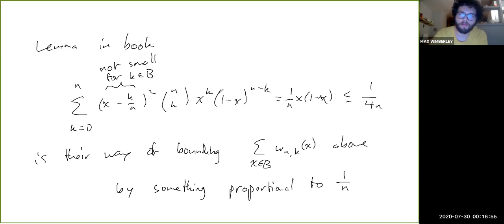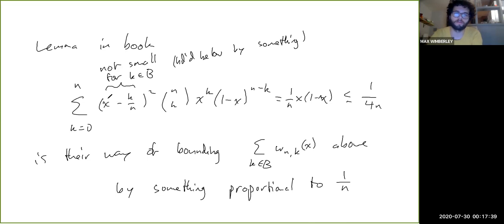And so that way you can use this to say that the actual sum over k in B of W_{n,k}(x) has to be pretty small. If this is not a small number, then these numbers have to be pretty small in order to make this bound work out, right? So this is bounded below by something, which means you can bound the actual sum above by something proportional to 1 over n.